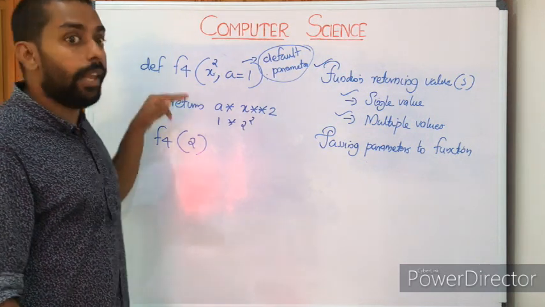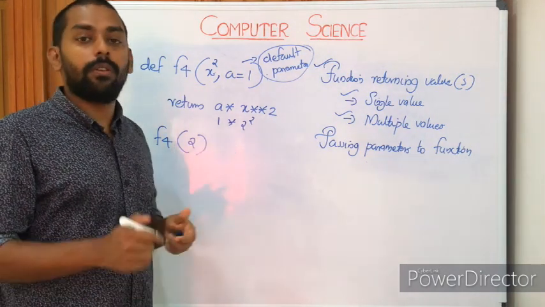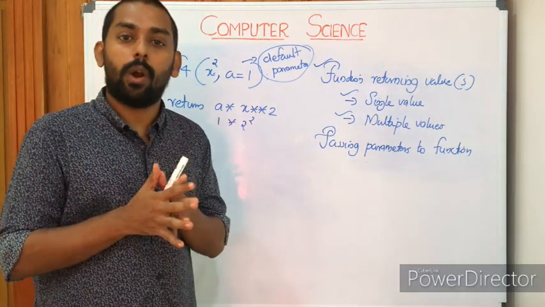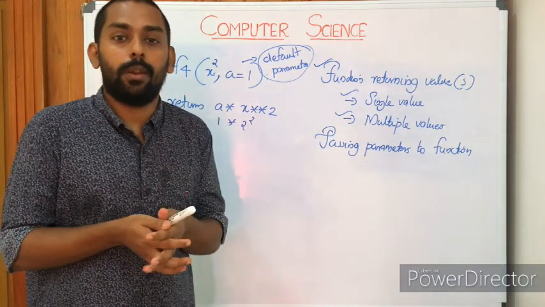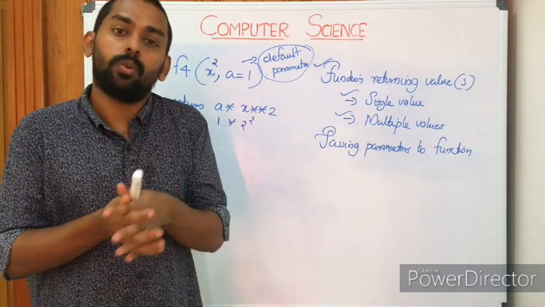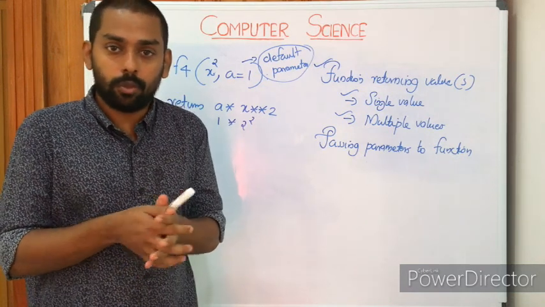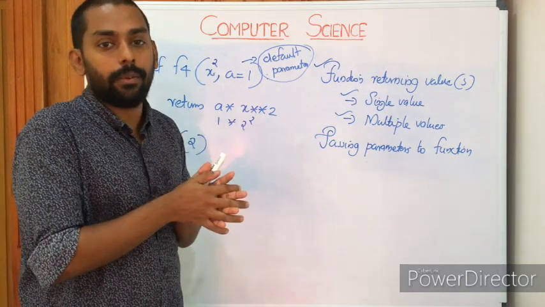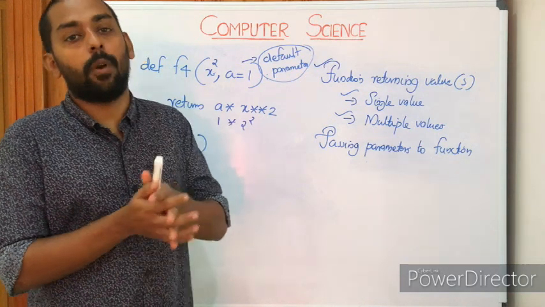So these are the variations of function. First we have seen a one-to-one mapping, a function that takes only one value. Second, with 2 values and returns 2 results or outputs, 2 variables. The third, having no parameters. And the fourth is having a default argument or default parameter.